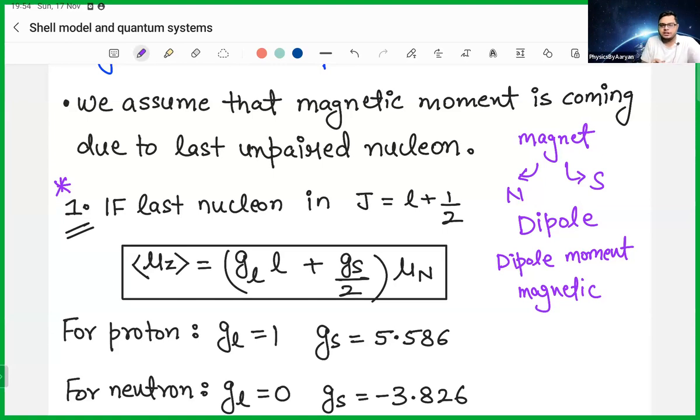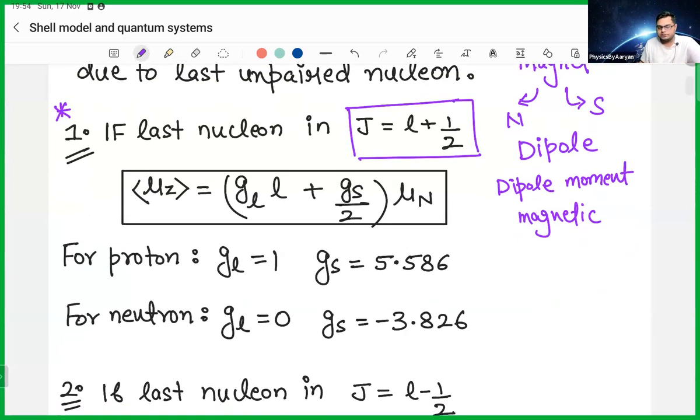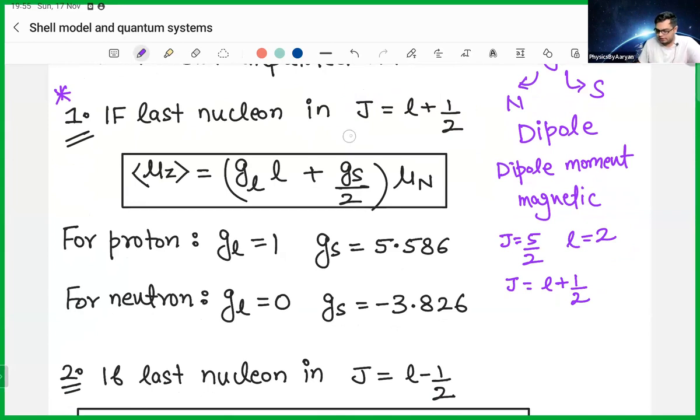Once your shell model is done, look at the last nucleon. If your last nucleon has J equals L plus half, for example, let's say J is 5/2 and L is 2, it means J equals L plus half. If this situation is obeyed, then you use this formula for the magnetic moment.